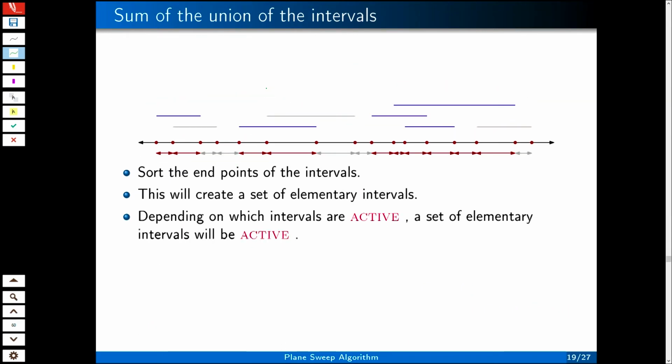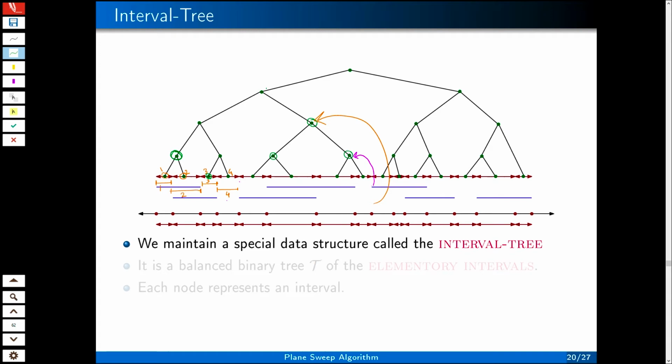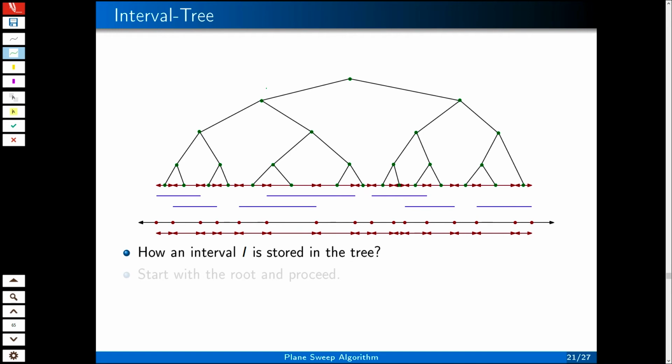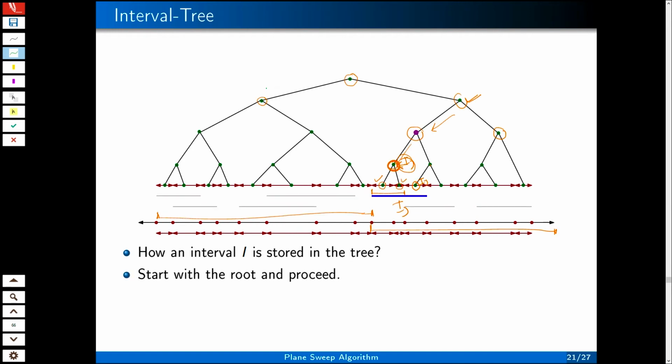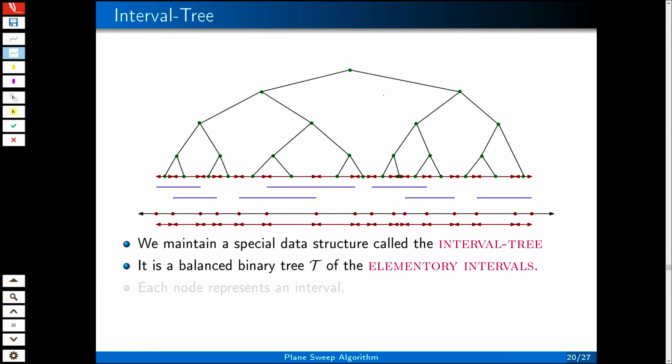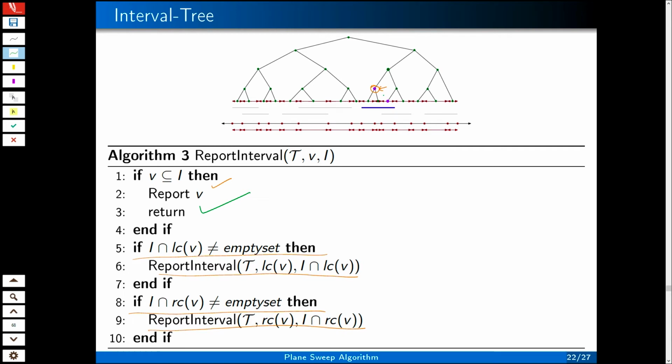How to do that? In order to do that, I have created some elementary intervals, and from those elementary intervals, I have created a tree. Now in this tree of elementary intervals, I would like to insert a new interval. How can we insert? We check first in the root whether it's a subset, then we report. If it is not a subset, we check whether it's on the left side or the right side.